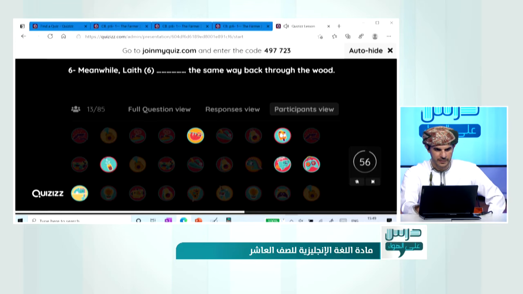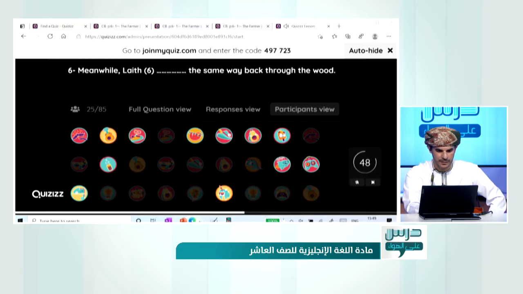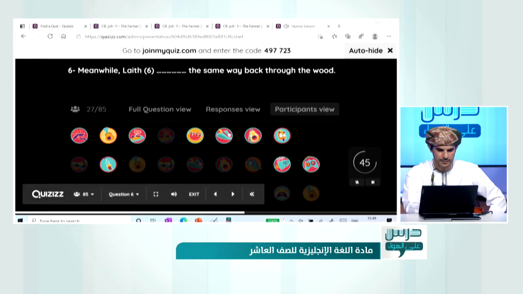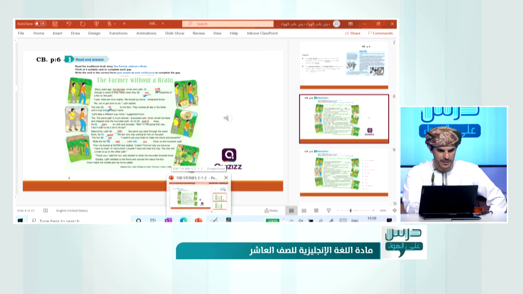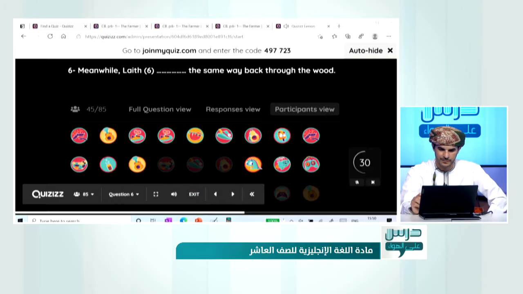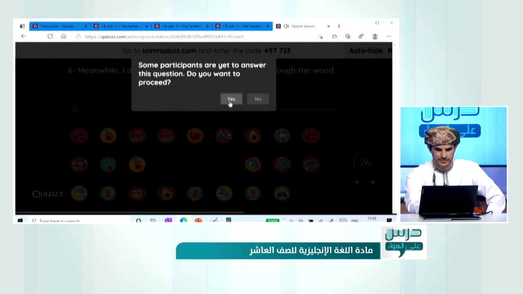Meanwhile, Laith went the same way back through the wood. Let's see the question. Meanwhile, Laith, use the verb take: took, take, takes, was taking, were taking. What do you think? Good. Next question.